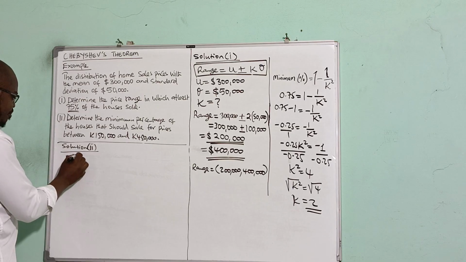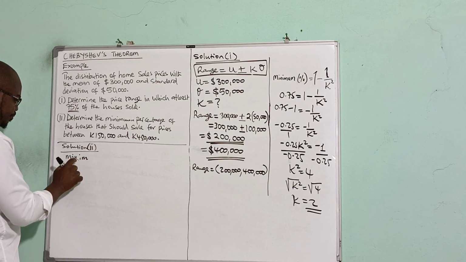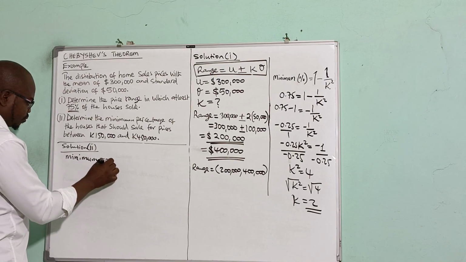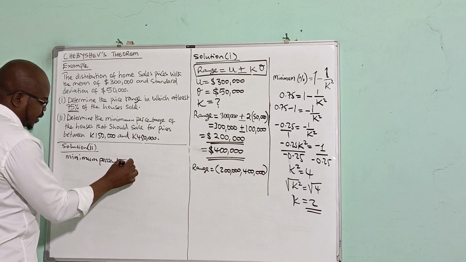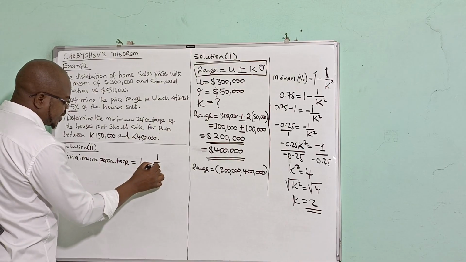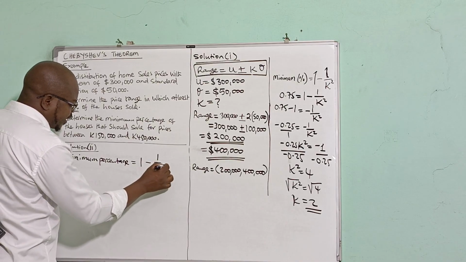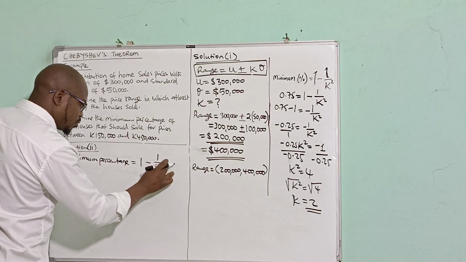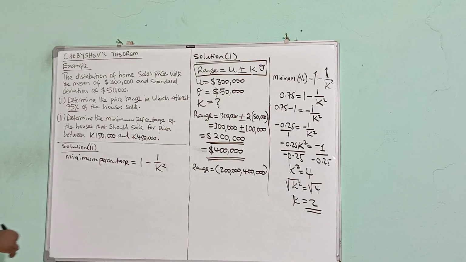The formula for minimum percentage, remember, is 1 minus 1 over K squared. Alright?